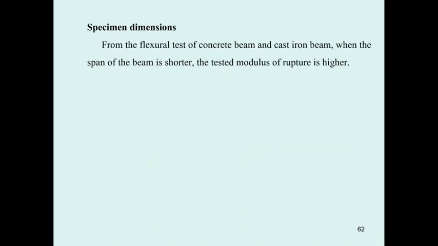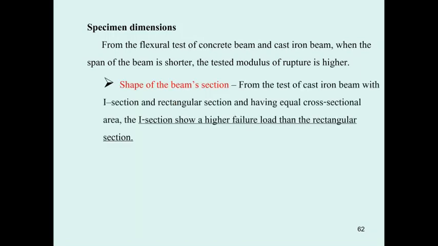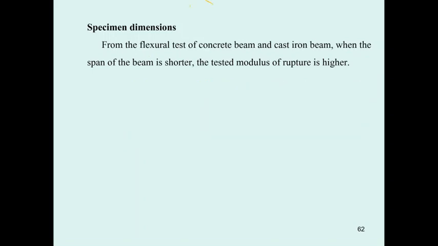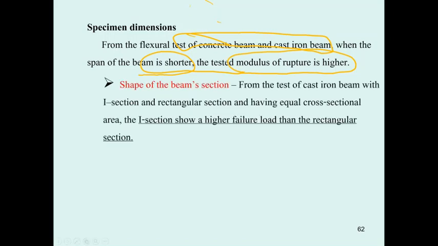Specimen dimension, beam dimension. When the span is shorter, what we have is from the flexural test of the concrete beam and the cast iron beam. Okay, when the beam is shorter, the modulus of rupture is going to get higher. That is a notice for the test. Okay, shape of the beam, we have the I section.